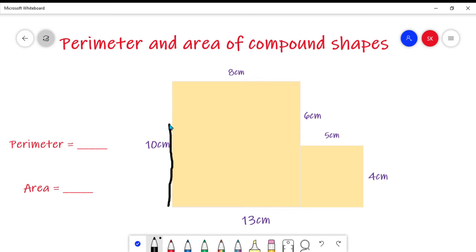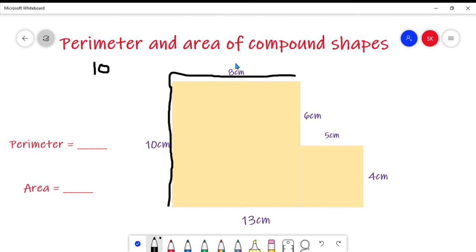Let's go across there, 10 centimeters. So let's write that here, 10. Then we go around. Now we come to 8 centimeters. You can do like I'm doing with a pencil. You can mark around the edges lightly so you can see where you've gone, or you might accidentally go over the same one again, which would give you an incorrect answer.